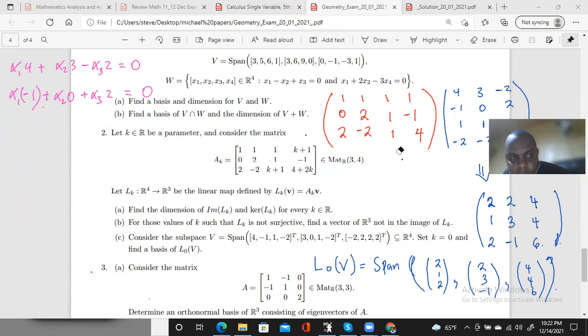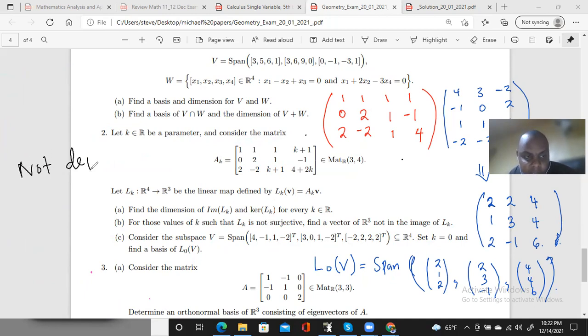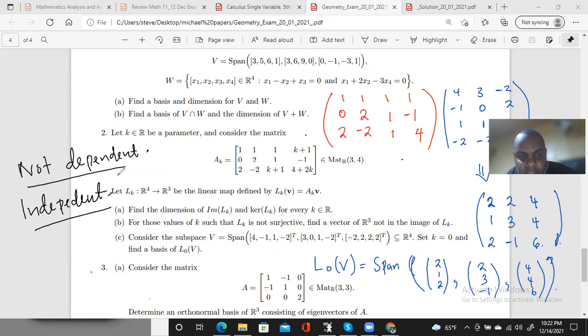They are independent, they are not dependent. So they are a basis. This qualifies to be the basis of V, and so what we found here qualifies to be the basis of the image of V.